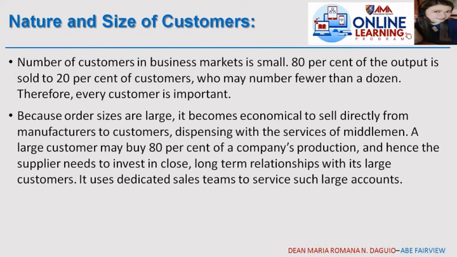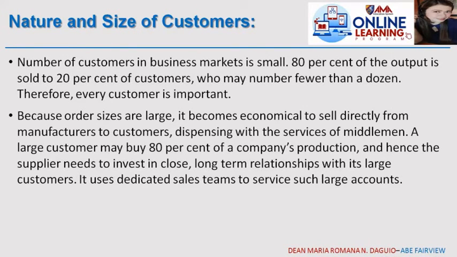So factory price, magpapatong si wholesaler, magpapatong si retailer. Bago pa makarating kay customer, malaki na ang presyo. So might as well, mas maganda kung direct from the manufacturer or supplier down to the customer.